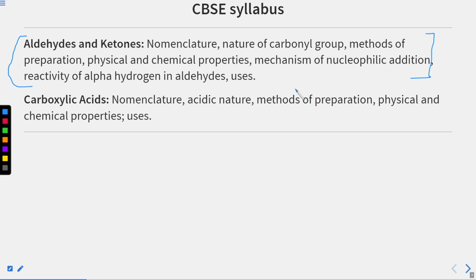Now we have also seen that if there was absence of alpha hydrogen, then that would result in this Cannizzaro reaction, which is the disproportionation reaction. But one condition has to be changed there: first of all no alpha hydrogen, and second that the base or acid we are taking must be a concentrated one.